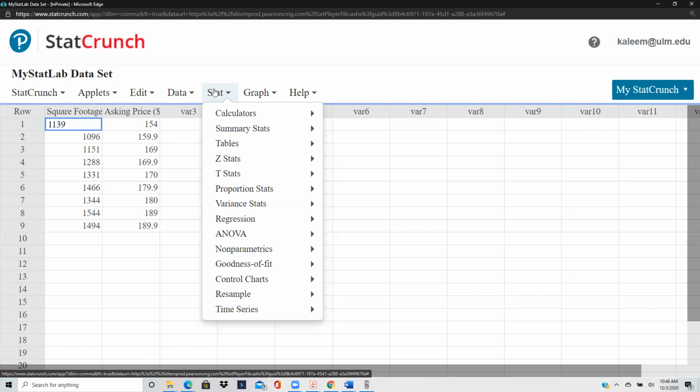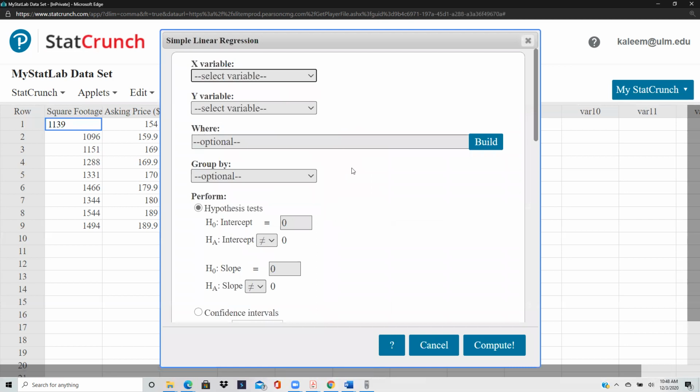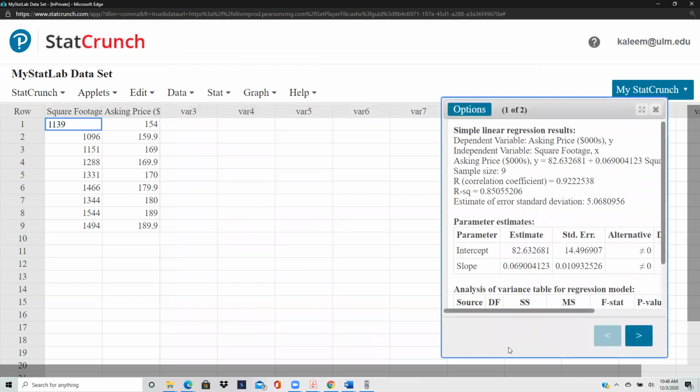Yeah, so whether you do correlation or whether you do regression line, it's stats, regression, and now you should know what's the next one. Simple linear. Simple linear. X and Y.